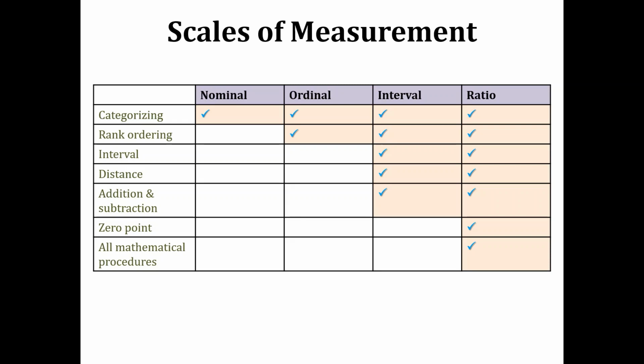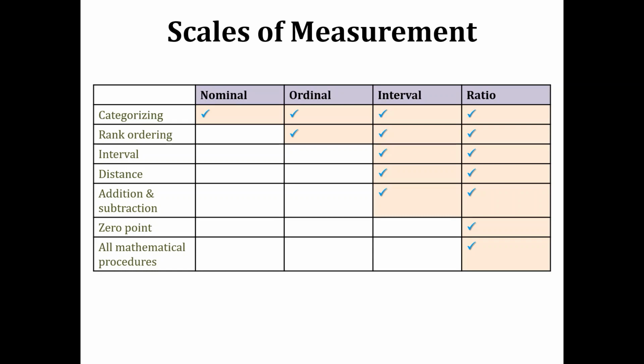And addition and subtraction are possible in the interval scale as well as the ratio scale. As for the 0 point, none of the scales has a 0 point except the ratio scale. And all kinds of mathematical procedures, subtraction, division, multiplication, addition, are possible only in the ratio scale, right?